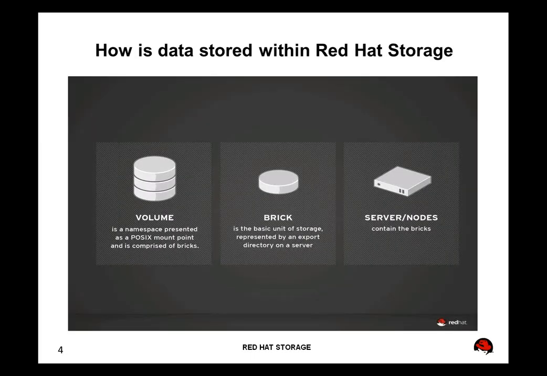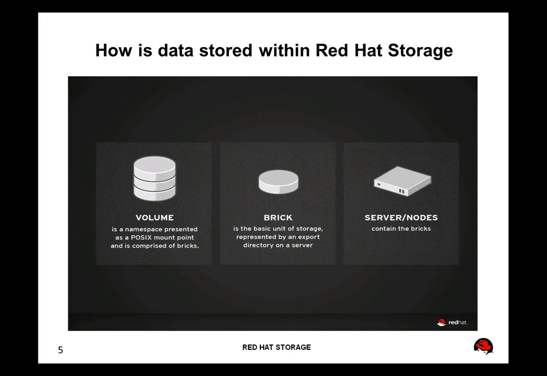So to accomplish that, software-defined storage with Red Hat Storage, we have a few just basic ideas. So there's always the server on the right-hand side there, and that could be a physical system running Red Hat Enterprise Linux. It could be a virtual machine image. It could be a cloud machine image. It doesn't matter. It's just the place where we are running Red Hat Storage software. A brick is just a unit of storage, and again, that could be physical or virtual, cloud or on disk somewhere.